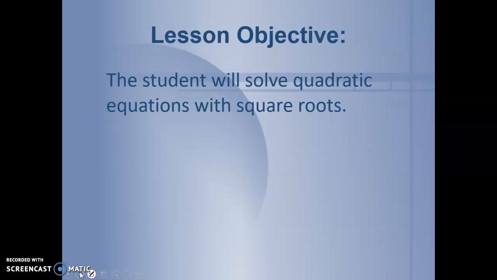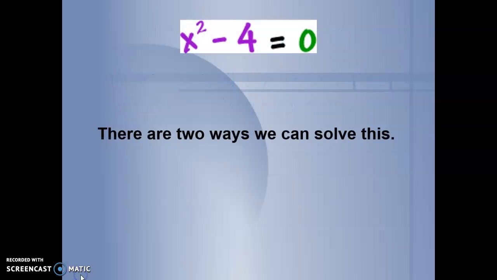Your lesson objective for today is that you will solve quadratic equations with square roots. Quadratic equations are just a fancy term for describing equations that have an x squared term. Linear equations, like y equals mx plus b, have variables that are just raised to the first power, like x is just an exponent of 1 and y is an exponent of 1.